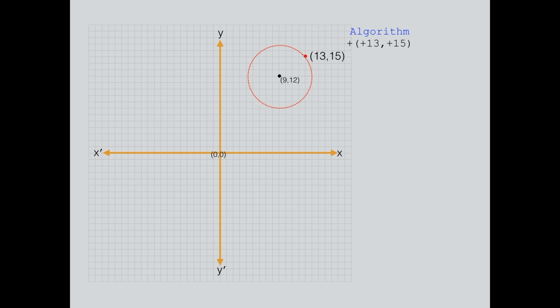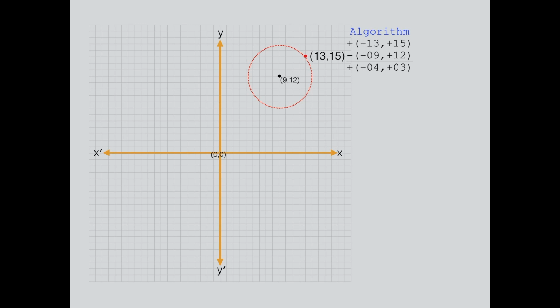And so, what we do is we subtract that 9, 12 value from 13, 15. And this results in positive 4, positive 3. And this is our final value, which is 13, 15's position with respect to the 9, 12 dot. And so what this means is, of course, 4x, 3y. And so this means that we're going 4 to the right and 3 up.